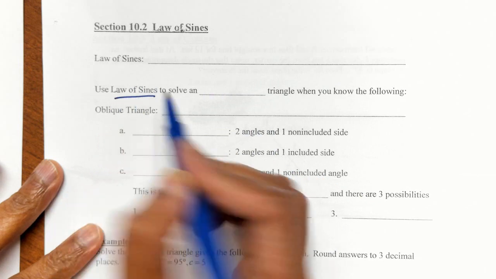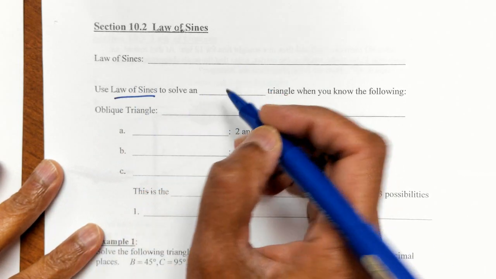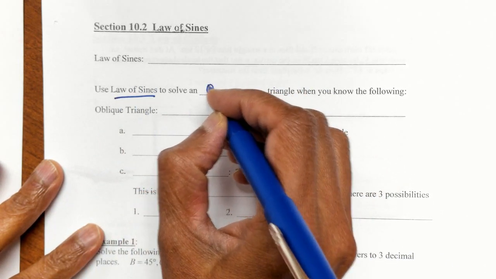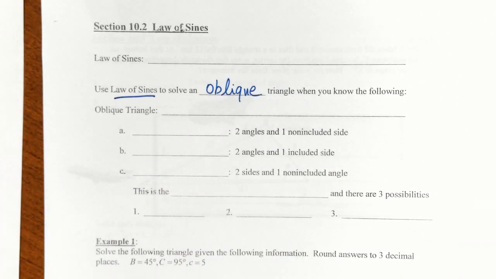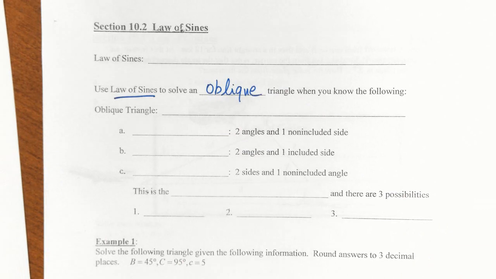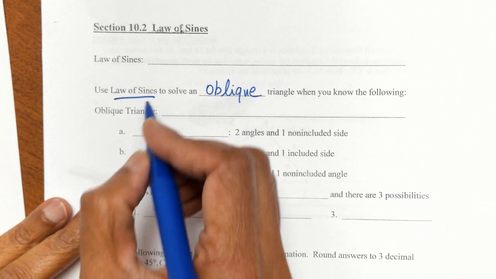Today, right now, we're doing law of sines. Use law of sines to solve for an oblique triangle. Oblique triangles are basically triangles that are not right triangles.